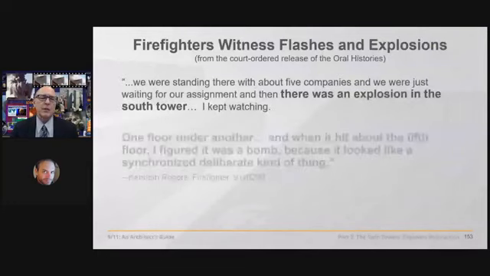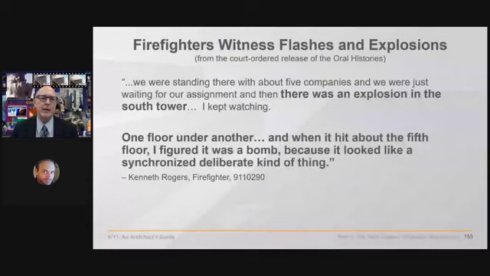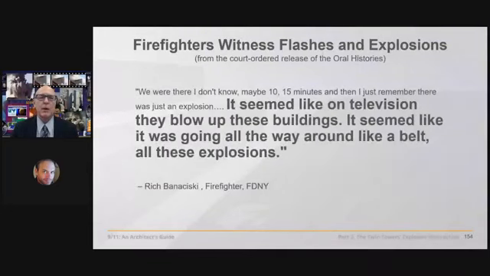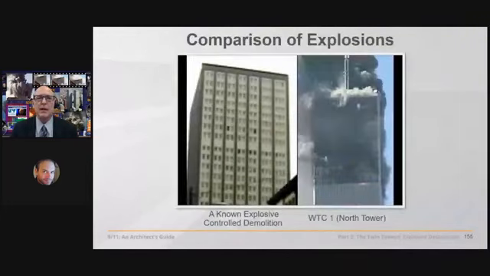There was an explosion in the South Tower, one floor under another. When it hit about the fifth floor, I figured it was a bomb because it looked like a synchronized, deliberate kind of thing. Seemed like on television when they blow up these buildings, seemed like it was going all the way around like a belt, all these explosions.